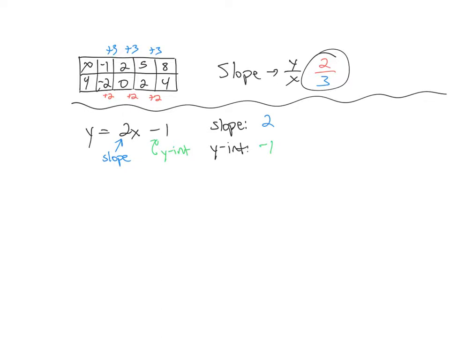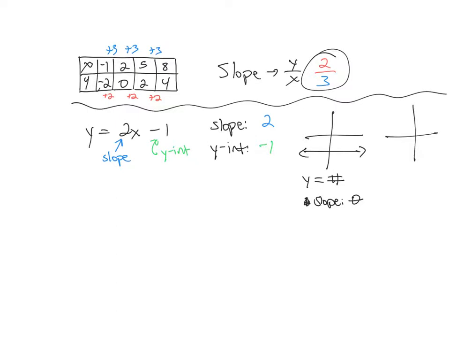Some of the problems are just set up like that. So remember that a y equals a number line, just any number, is going to be sideways. So the slope is 0.